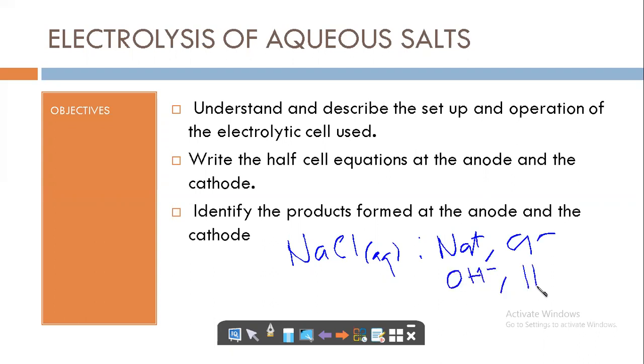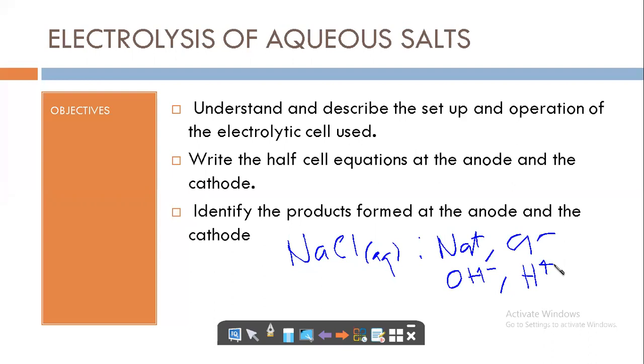So you will be presented with two ions at each electrode. Which ion will be discharged at each electrode now that you have two at each? That is the difficult part of this.